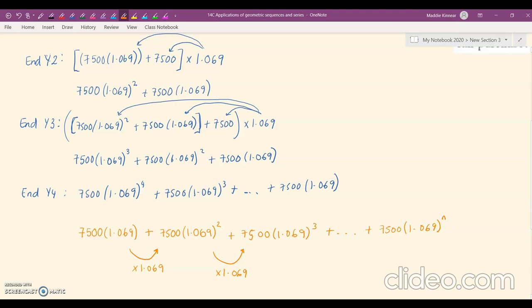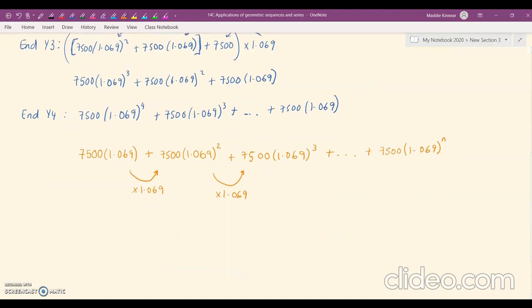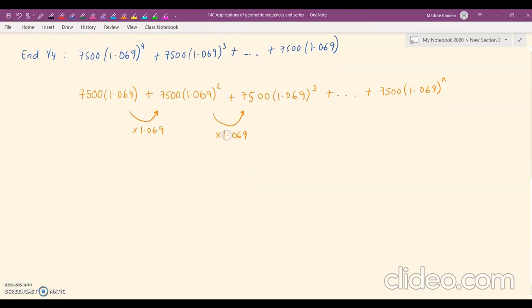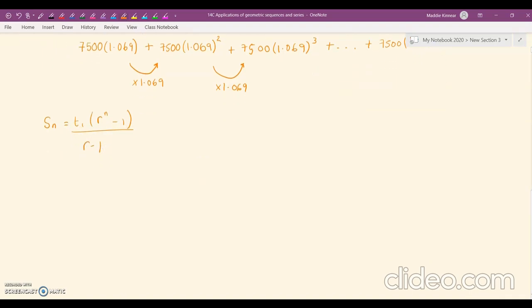So what we can actually do mathematically is just convert this to a series formula. So we know that Sn is equal to term 1 multiplied by r to the n take 1, all divided by r take 1. And in this case, our term 1 is equal to 7,500 times 1.069.